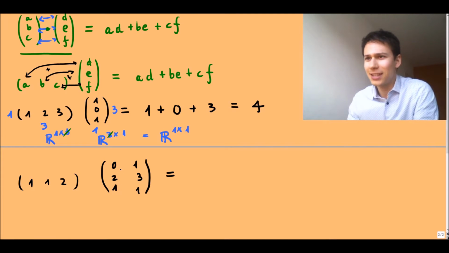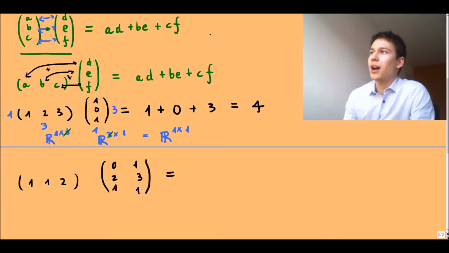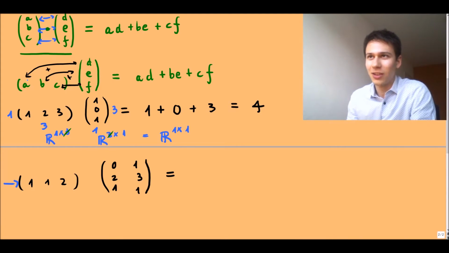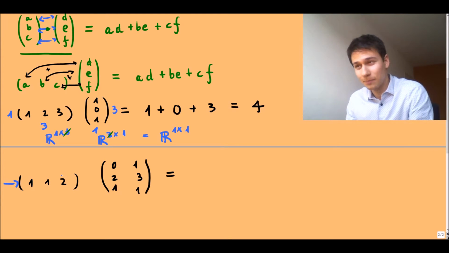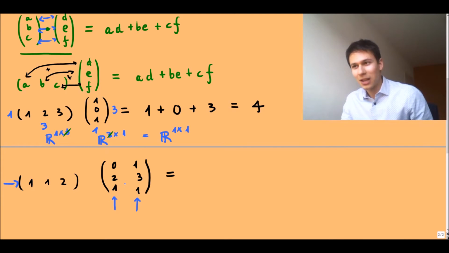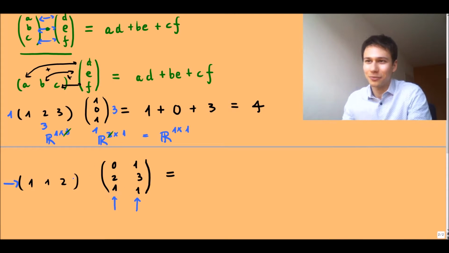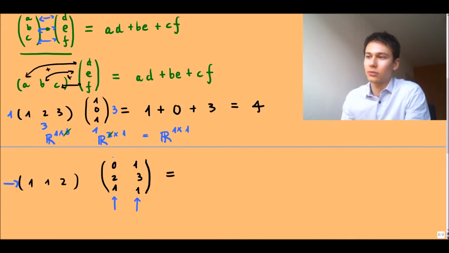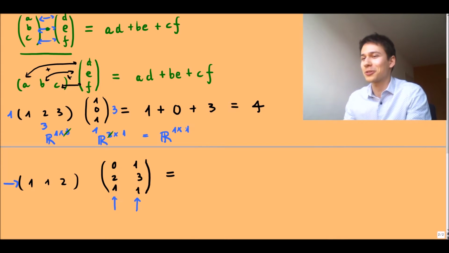It's actually pretty easy. All you do from now on is you look for the rows, the row vectors, the lying vectors, in your first matrix, and you look for the columns, the standing vectors, in your second matrix. So in this case we would have one row vector and two column vectors.